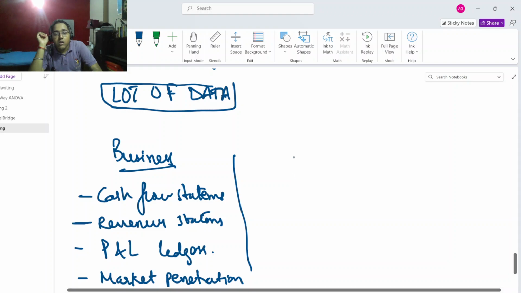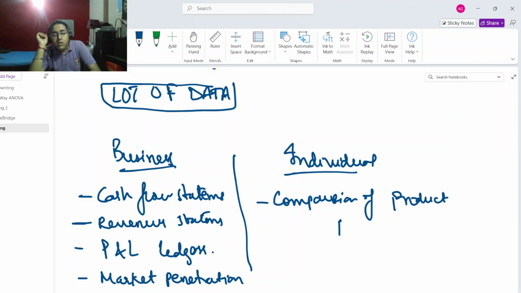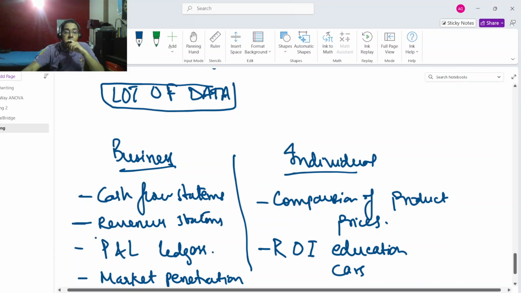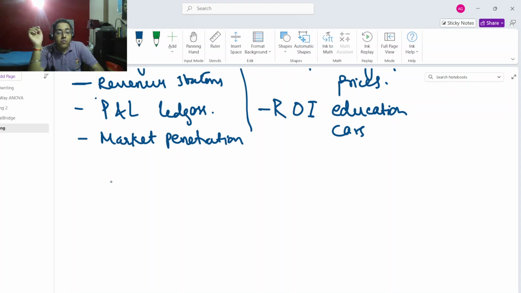If it's an individual, let's say they are buying some product, so comparison of product prices. We all compare prices while buying something, or consider return on investment on education, cars, or anything we do.